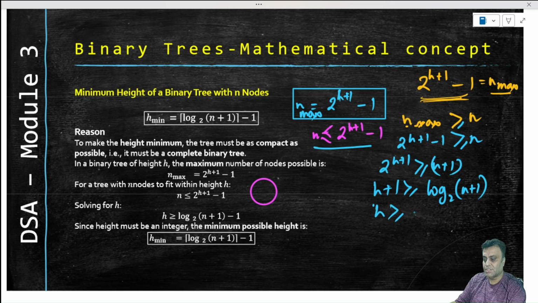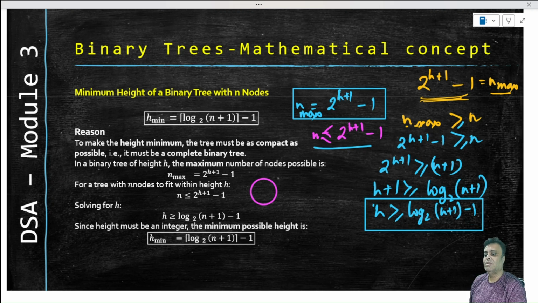Therefore h is greater than or equal to log base 2 of n plus 1 minus 1. Right? So that is your minimum height of the tree, given that you have been given n number of nodes. So that's how you find out the minimum height of the tree, right?